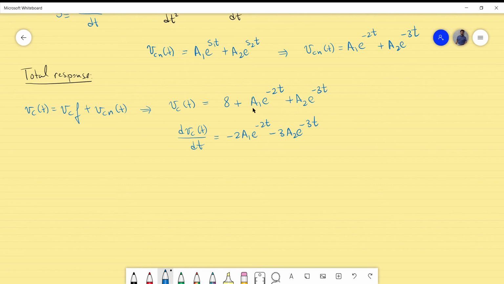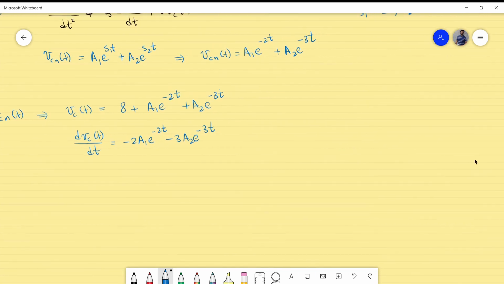Now I will evaluate both equations at 0. The initial voltage was already calculated as 24, so I already know that. Evaluating at 0, you get 8 plus a1 plus a2.